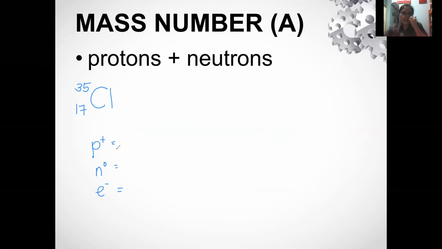So sa protons class, since you have atomic number of 17 here, so automatic the protons will be 17. And then sa neutrons, i-minus natin yan. 35 minus 17, you will get 18. So that's the neutrons. And then automatic, since wala itong charge, parehas lang si protons and electrons.